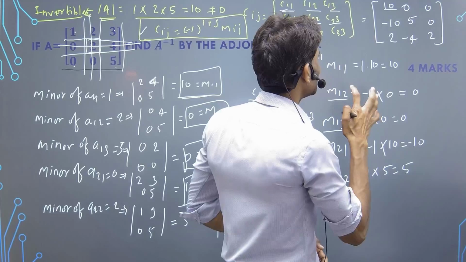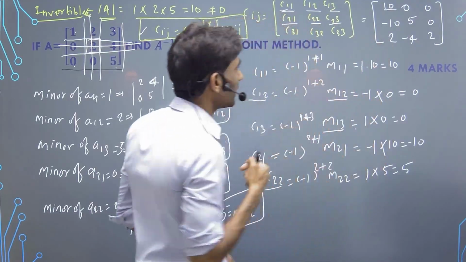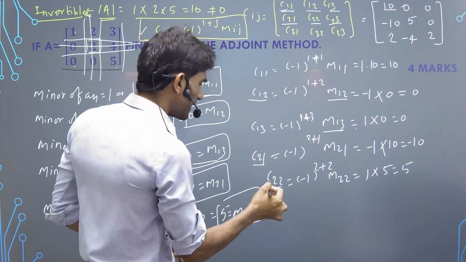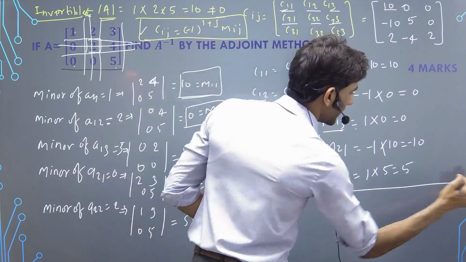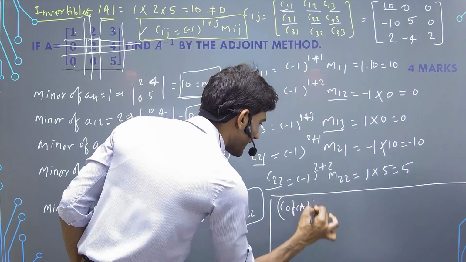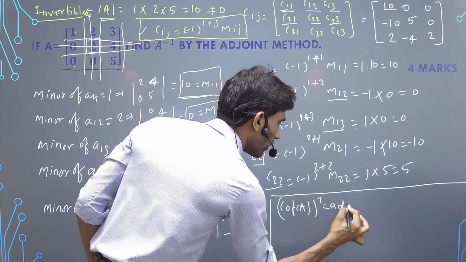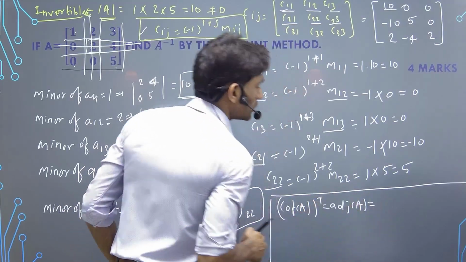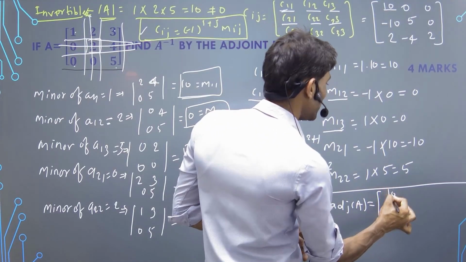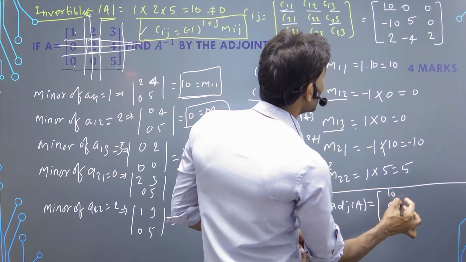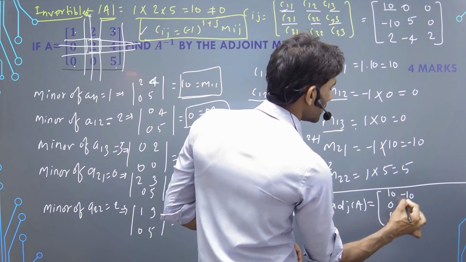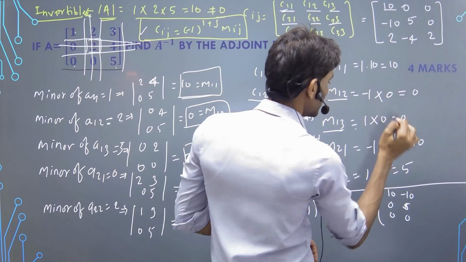In our next part, we take that cofactor matrix and then we take the transpose. Why do we take the transpose of the cofactor matrix? When we take the cofactor matrix transpose, we get the adjoint of the matrix.